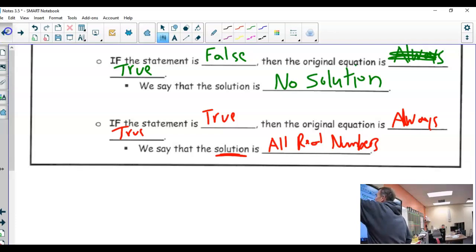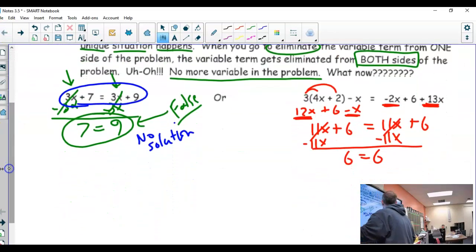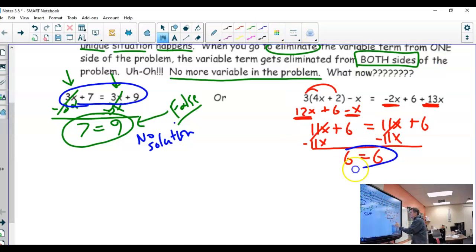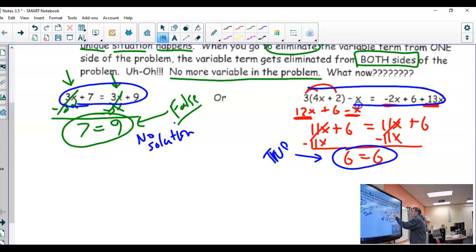And I have an example of that back here, right? So in this problem, the one on the right, I got 6 equals 6. Well, 6 equals 6 is true. And because it's true, that tells me that the original problem will always be true. No matter what number I stick in for the variable, any number will work.